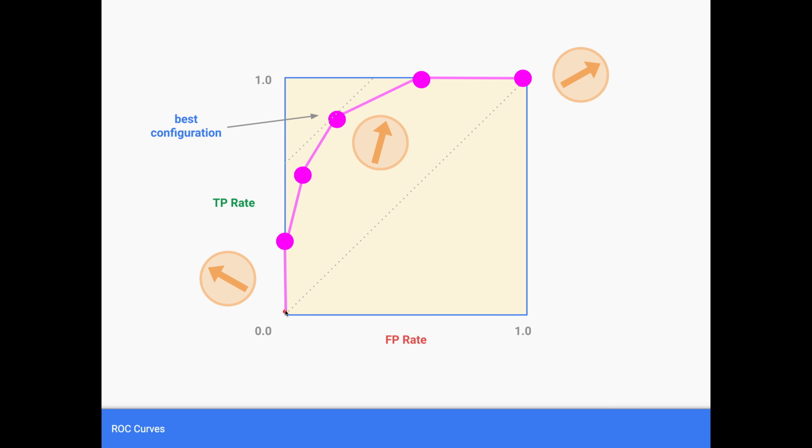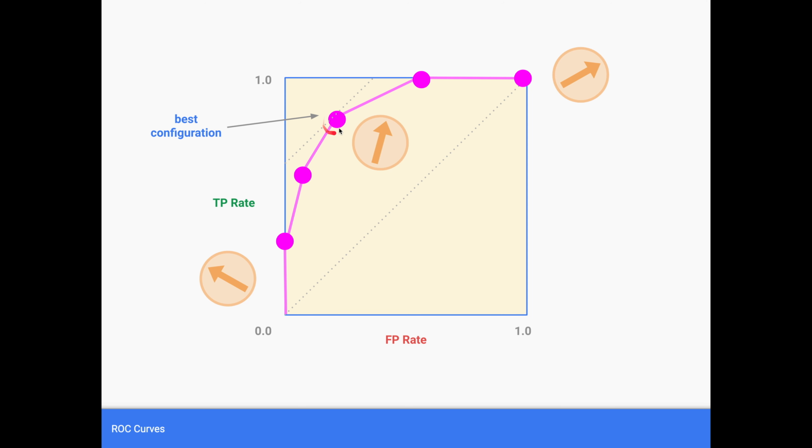Almost always these will be convex, not always, but in most cases. Now you can see that at one extreme it's going to be a pretty poor classifier, and at the other extreme it'll be pretty poor as well. So often there is some kind of middle ground, and it's the one which is closest to this ideal point.